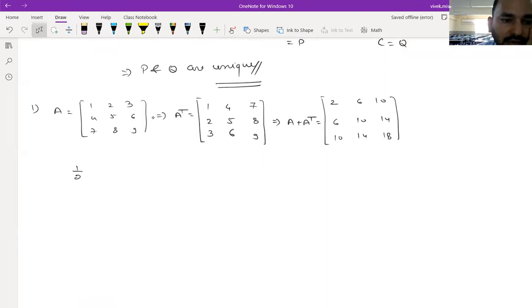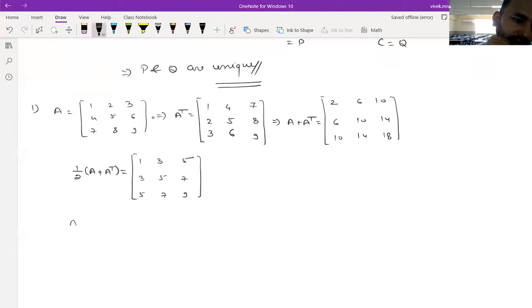So 1 by 2 times A plus A transpose is 1, 3, 5, 3, 5, 7, 5, 7, 9.